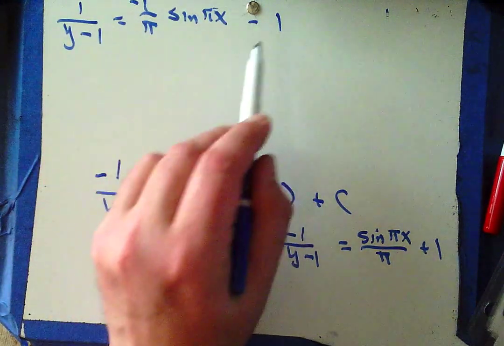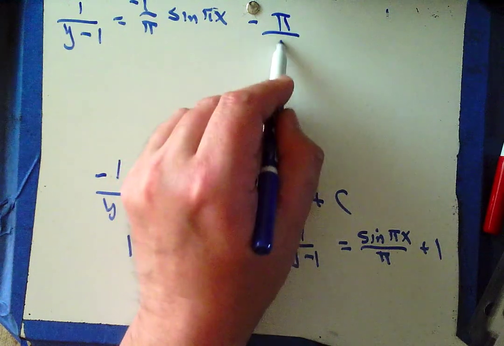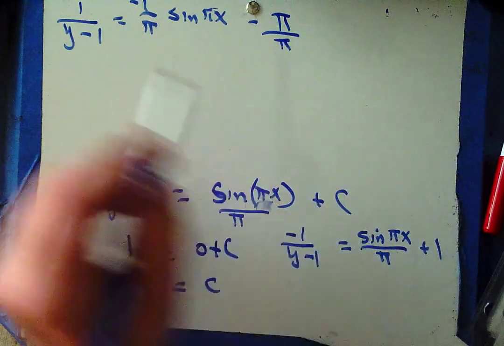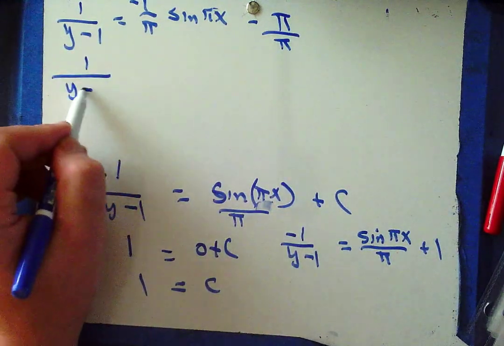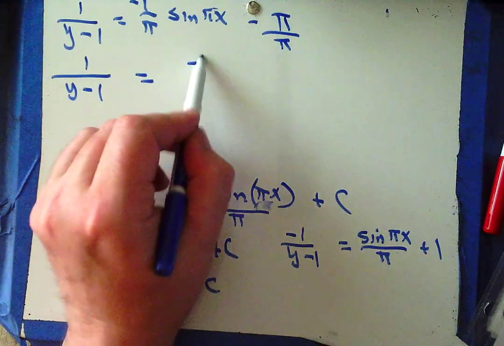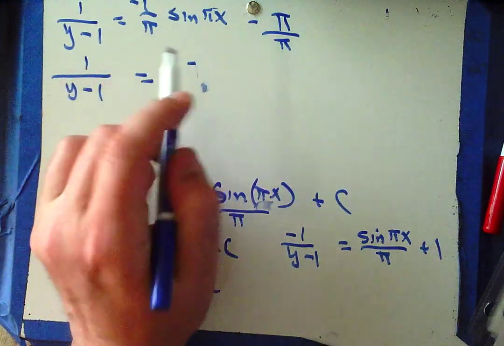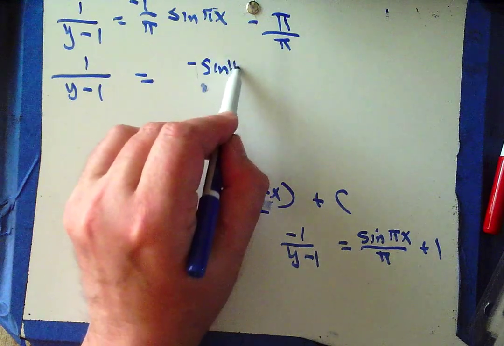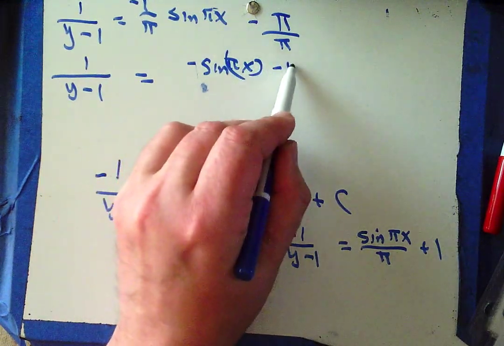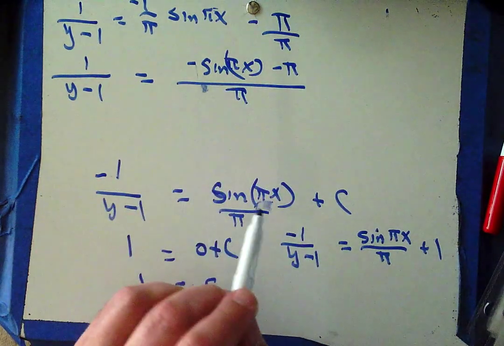Now over here, I'm gonna make a common denominator. I'm gonna multiply by pi over pi so that I can write this as y minus 1 equals negative sine pi x minus pi over pi.